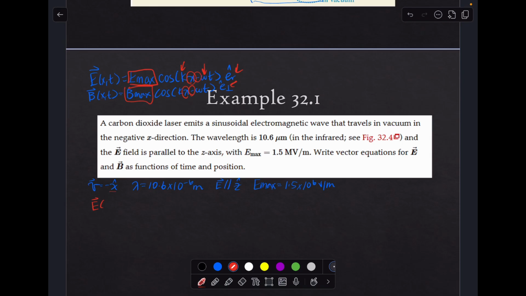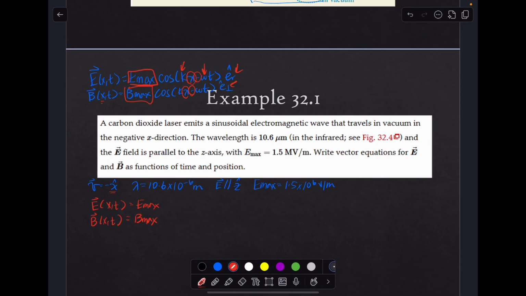We know that it's traveling in the negative x direction. So our E and B fields are going to be functions of x. So we know that much. We're going to figure out E max and B max. Now let's figure out what the directions are.